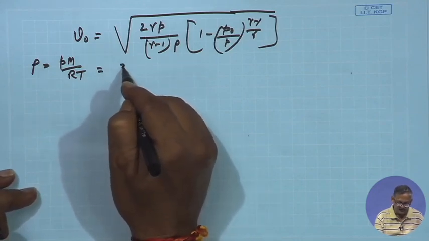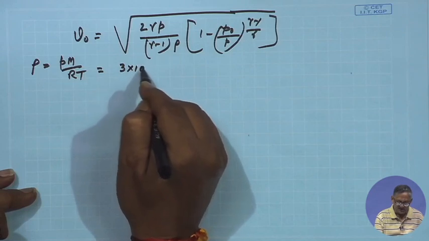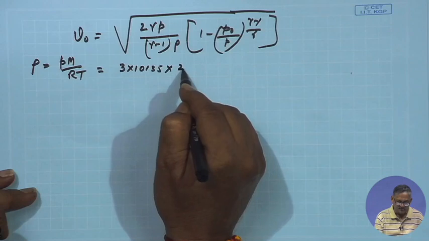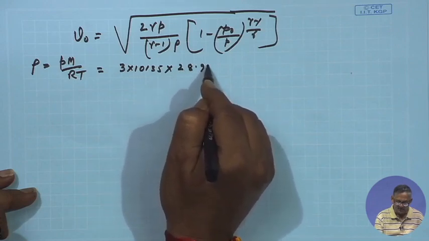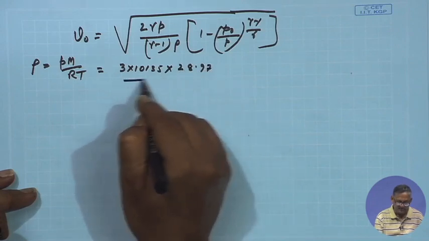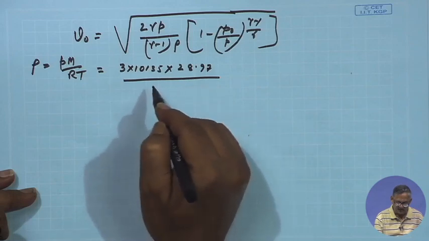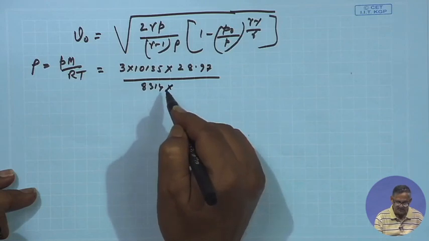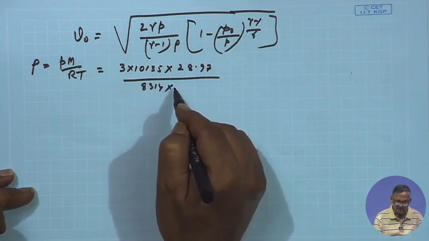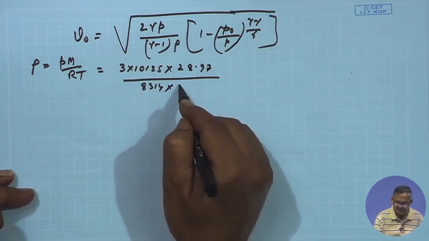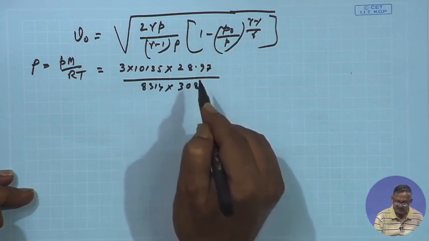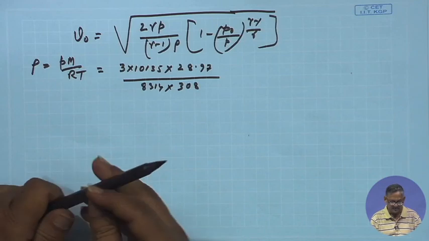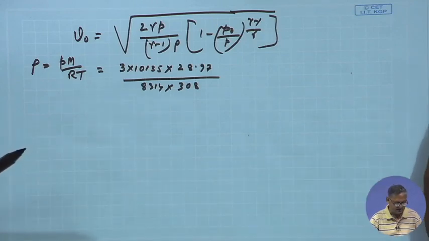So, if we take 3 atmosphere, 3 into 101,325 Pascal into its molecular weight given 28.97 divided by R, which is 8314, and temperature given is 35. So, 273 plus 35 is nothing but 308. So, if we calculate this, then how much does it come? Let us see.